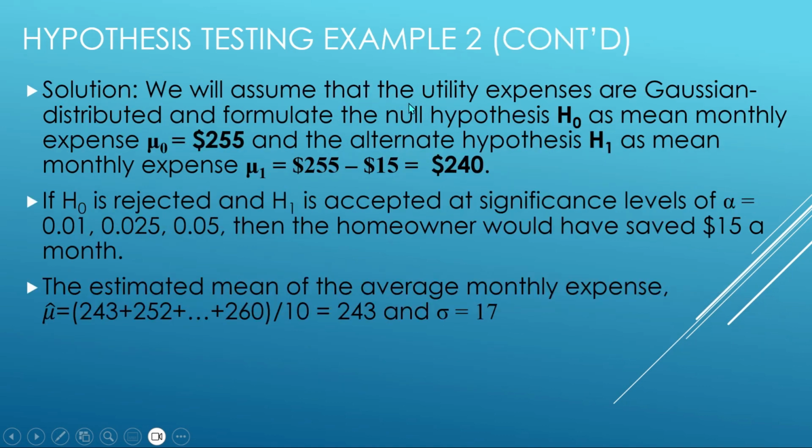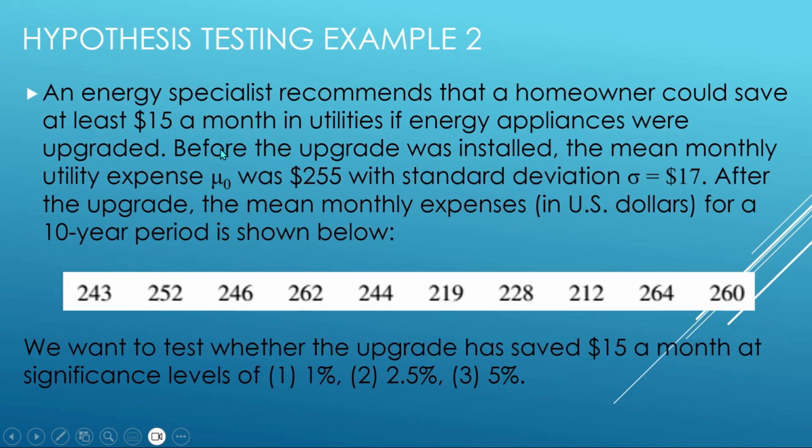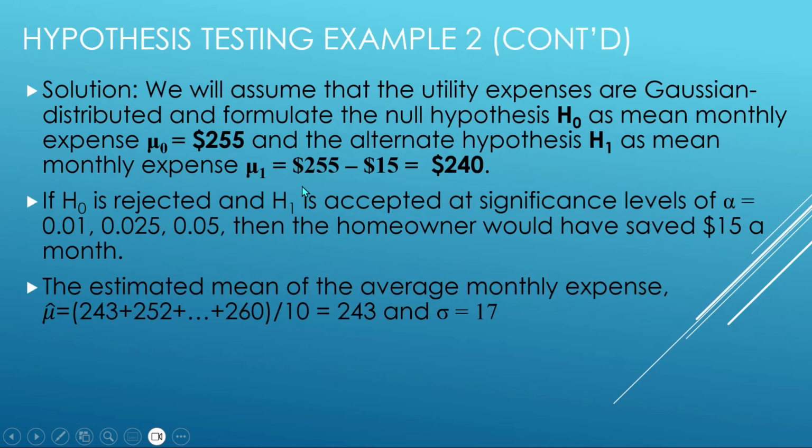We will assume that the utility expenses are Gaussian distributed and formulate the null hypothesis H naught as mean monthly expense equal to $255, which is given in the question. This is our mu naught. And the alternate hypothesis H1 as mean monthly expense 255 minus 15, because we are going to save $15 each month.